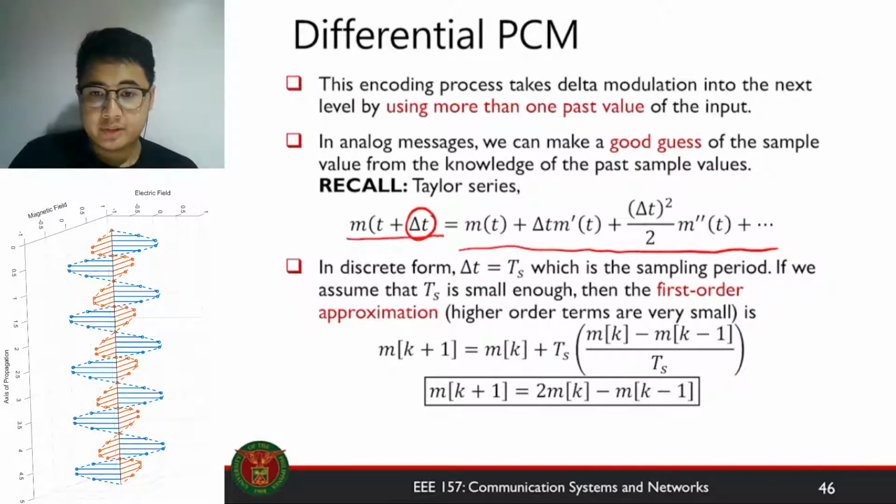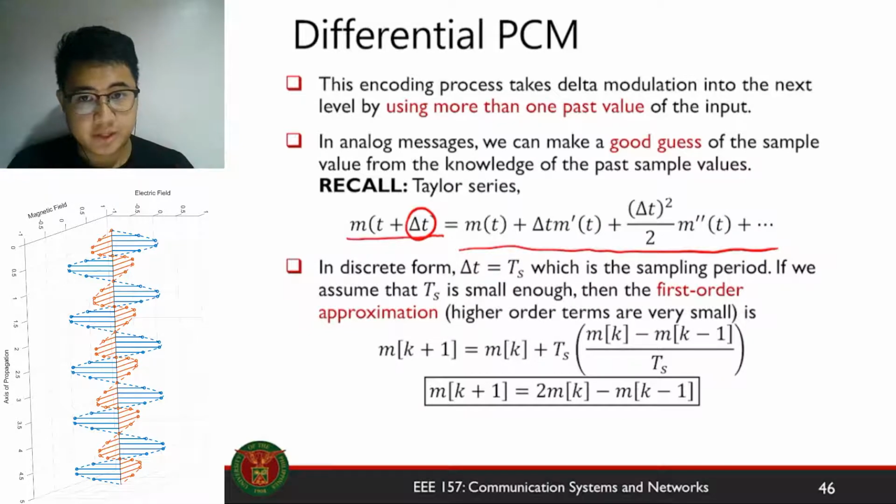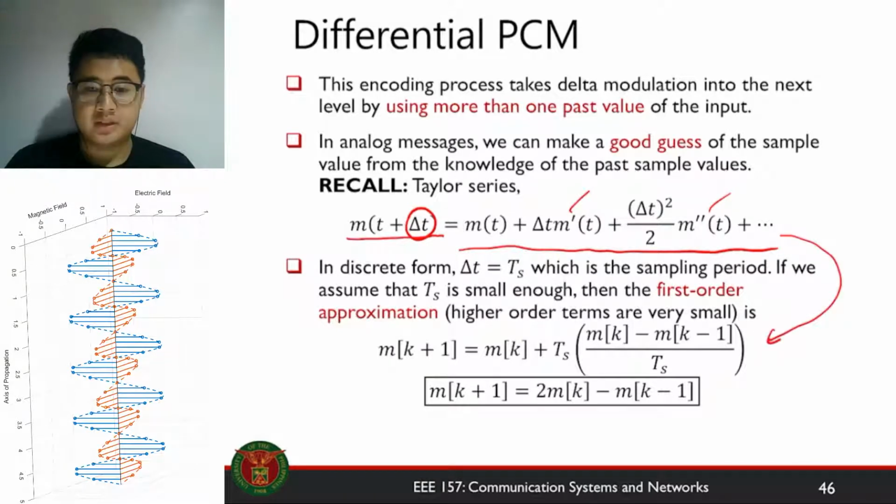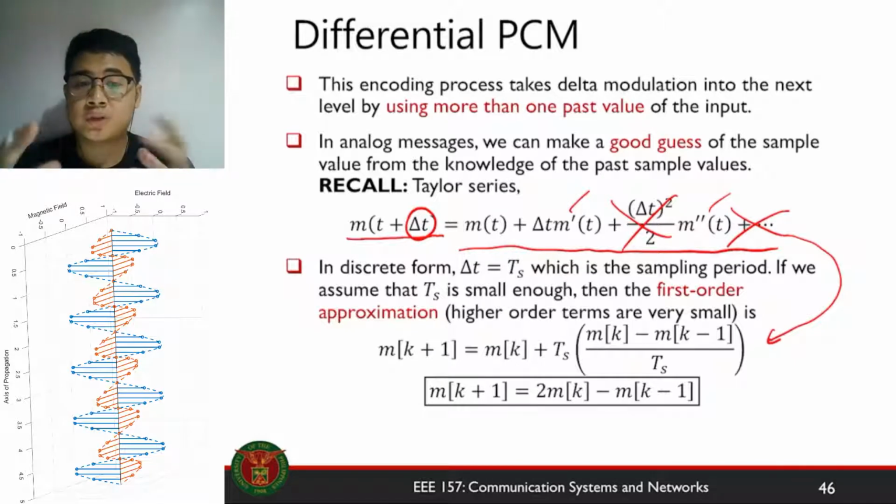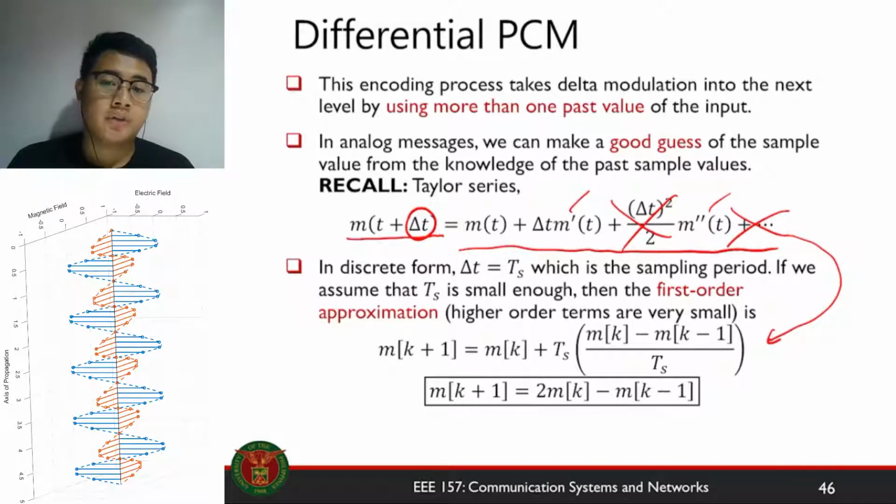Okay? So where do the previous samples come in here? You have derivatives. When you're using derivatives in the digital domain, they become this. Let's say the higher order terms disappear first, and look at the first order approximation of your Taylor series.